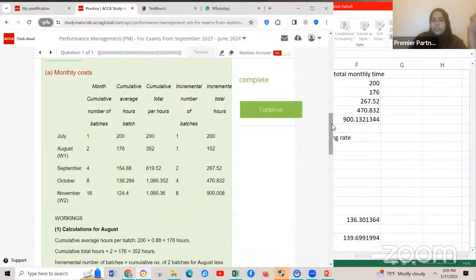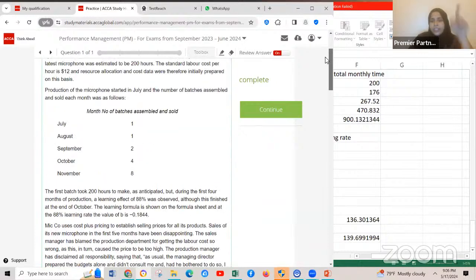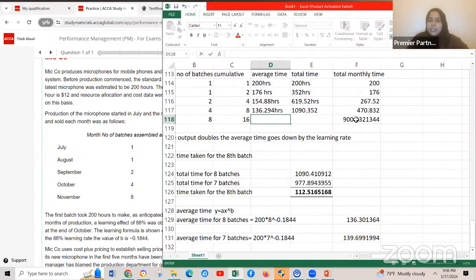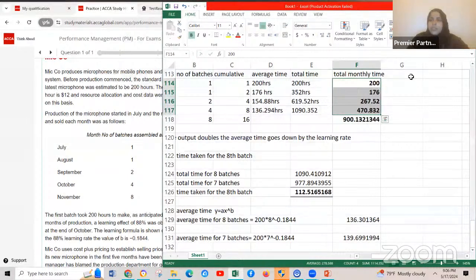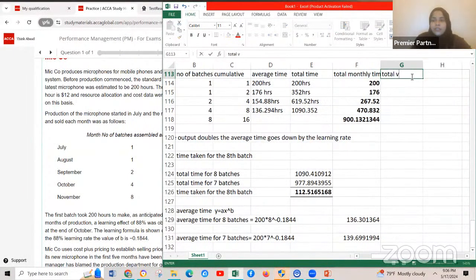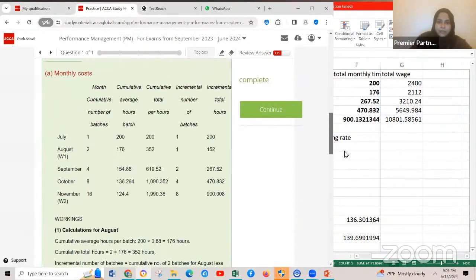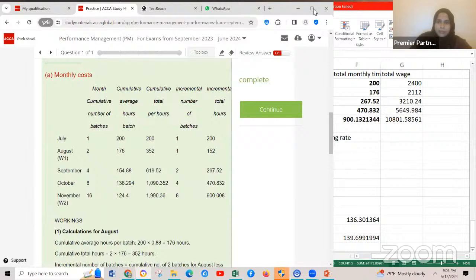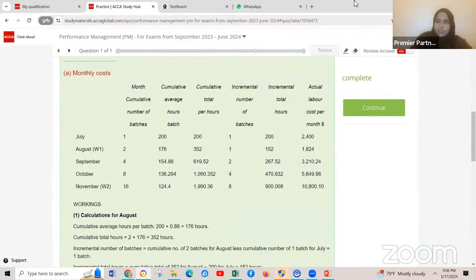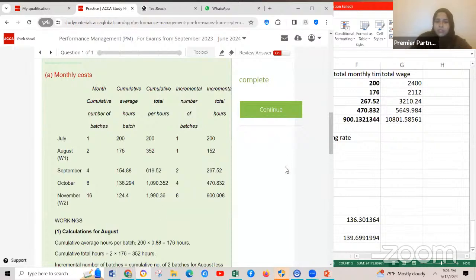Wait. Yeah. No, you don't have to take that figure. This is enough to calculate the monthly salary. So these are the times for those months. Now to get the total wage, simply take this multiply by 12. So you get the total wages. 2,400.